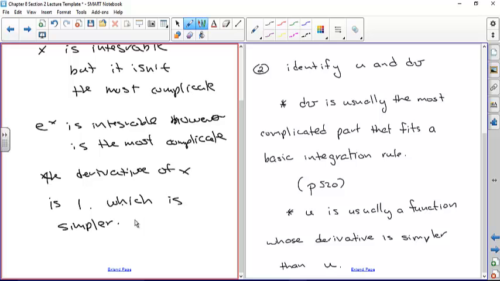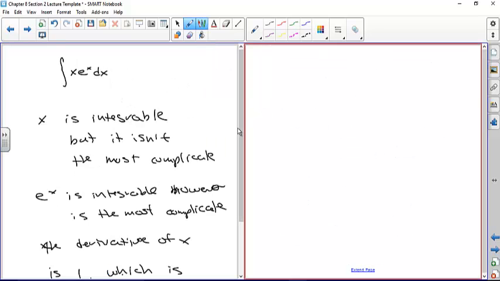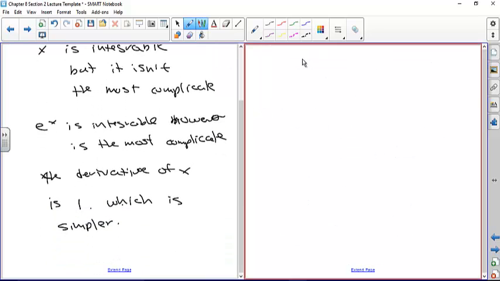What does simpler mean? Well, let me just draw kind of a hierarchy of simpleness, okay? So here's simple, and here's difficult, in terms of functions. The simplest would probably be 0, okay? Then you'd have maybe a constant.